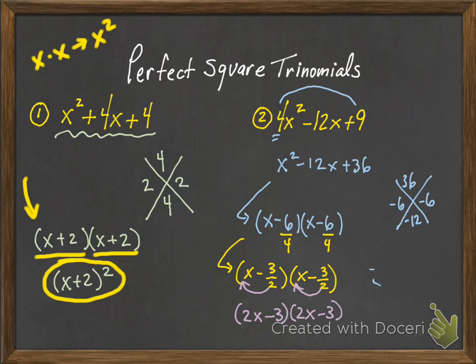Again, we have matching binomials, which means we want to write them as one, because that may serve greater purposes later on, and we could benefit from that form as the class progresses. So 2x minus 3 times 2x minus 3 gives us 2x minus 3 squared, and we want to leave it like this.